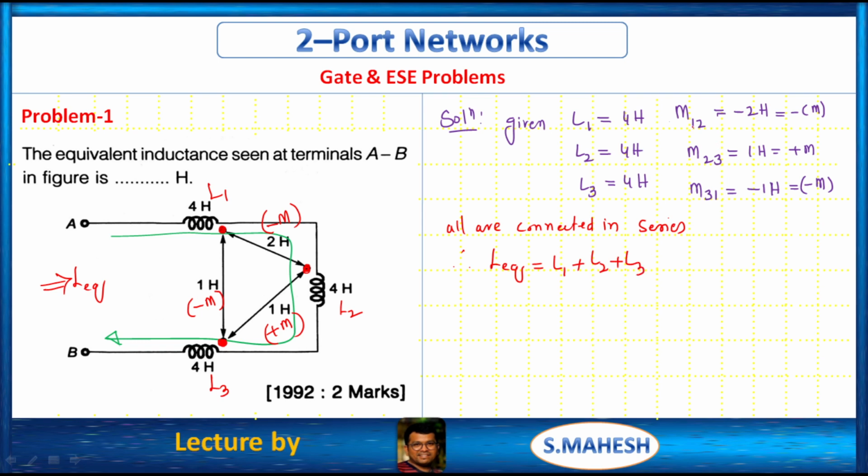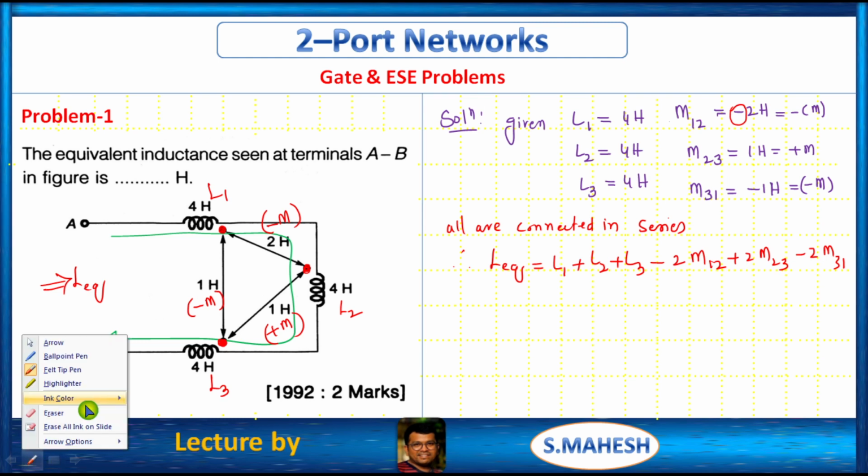Now M12 has a negative sign, minus 2 into M12. Between 2 and 3 we have plus 2M23. Coming to 2M31, what is the formula? L1 plus L2 minus 2M. That's why L1 plus L2 plus L3 minus 2M12 plus 2M23 minus 2M31. Therefore we can substitute the values.